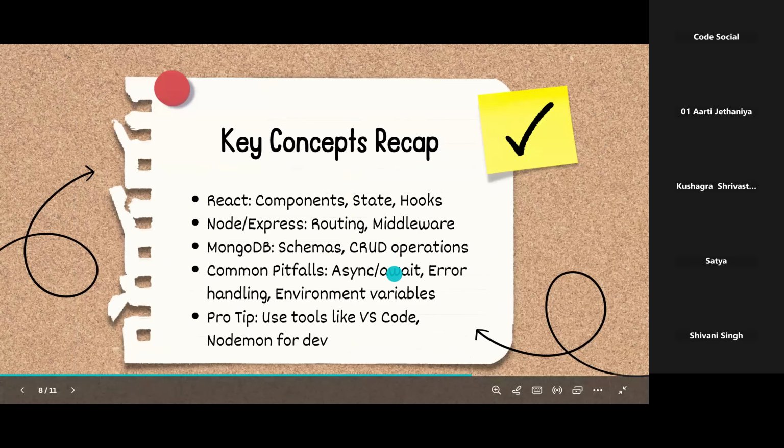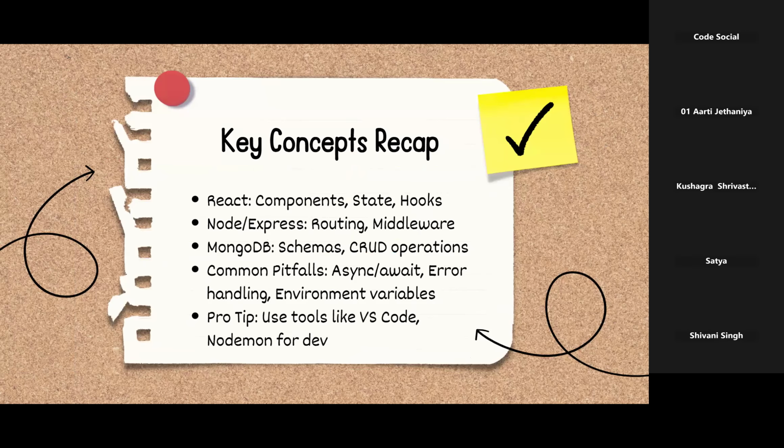I explained how props and components work, how useState and useEffect hooks work, how we connect the front end to the backend, how backend APIs are written, how we are creating the MongoDB schemas using Mongoose, what middleware is, and why CORS is important. This I already covered. So yeah, these are the key concept recaps.